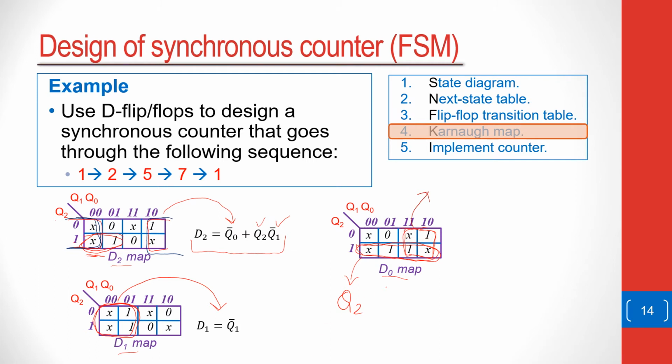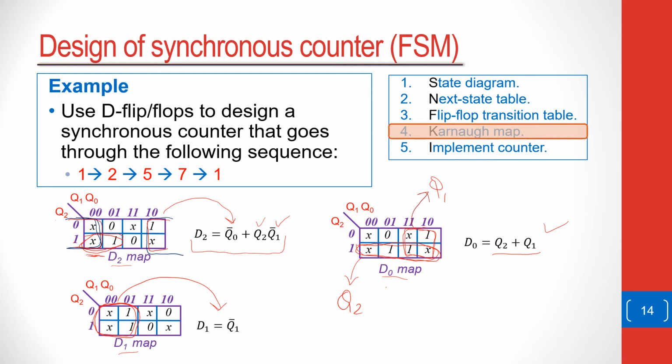So you'll have Q1 remaining as 1. Therefore, your products that you need to sum are going to be Q2 plus Q1. So now you have just created your 3 combinational logic inputs to the D flip-flops.